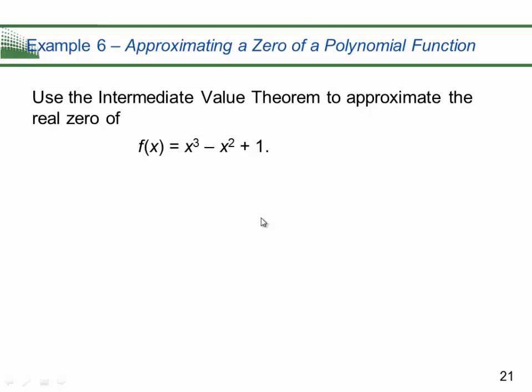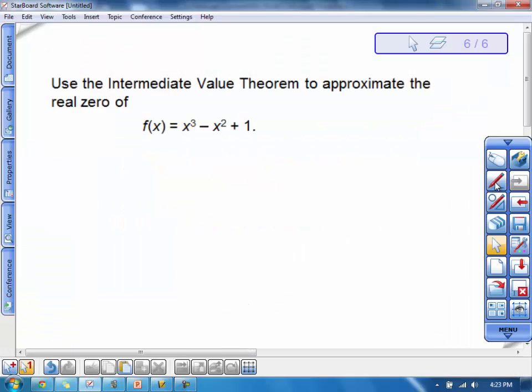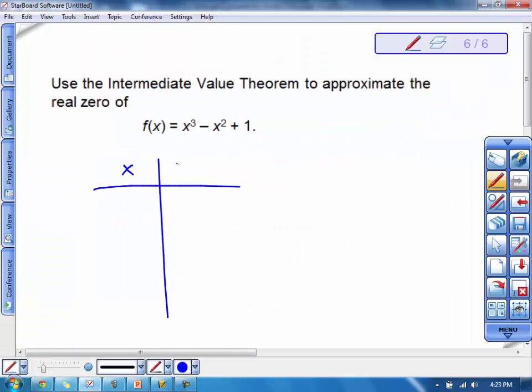Basically what we do is just start making a table of values. When you make a table of values, then you'll be able to locate where the zeros are approximately. Okay, let's just start with our xy table. Let's start with -2. -2 cubed gives me a -8 minus -2 squared is a +4 plus 1. -12 plus 1 is a -11.